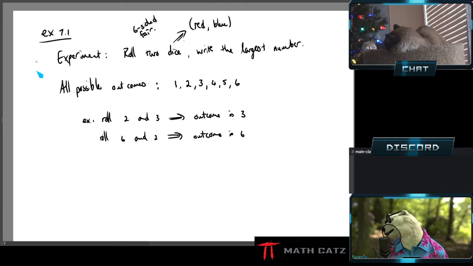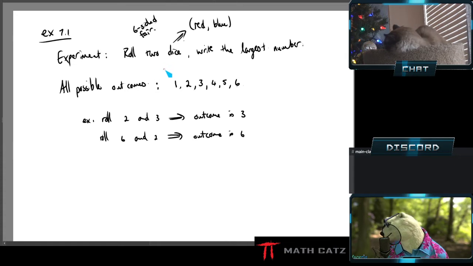But I could, in another situation, still roll 2 dice, but be interested in something else. Maybe I'm interested in adding up the two numbers that I see. Maybe I'm interested in subtracting them. Maybe I'm interested in the smaller one. A lot of different things could occur from still rolling 2 dice.